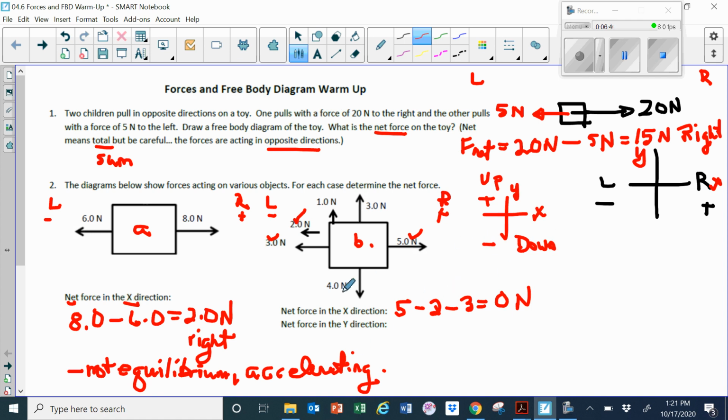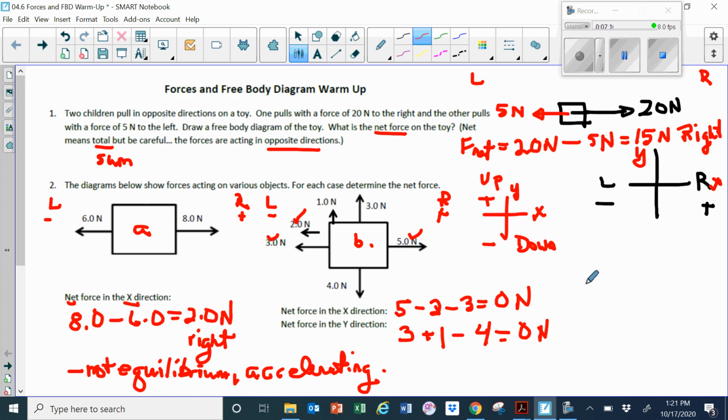And so we have 2 forces acting in the up direction. Those are both going to be positive. So it's going to be 3 plus 1. Those are both the positive forces, minus a force acting downward, minus 4. So the net force in the y direction is also 0 newtons.